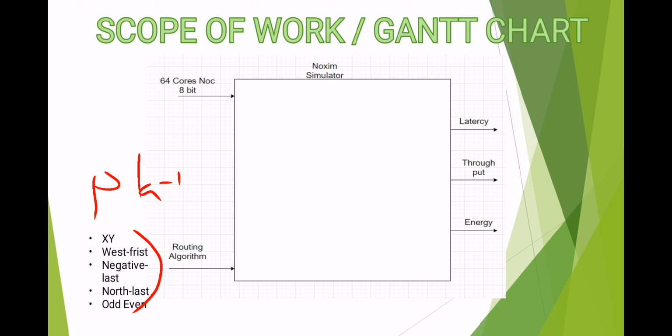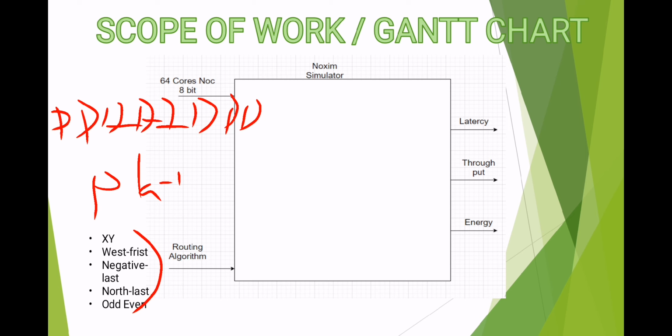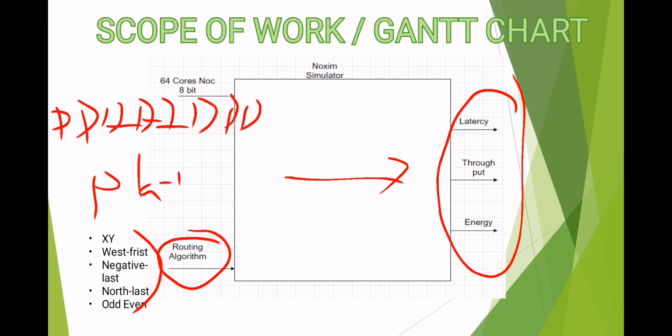It's a 64-core NoC with 8 bits. 8 bits means 8 digits to input, the ASCII number, and then the routing algorithms are also input, applied to the processor, to get output: energy, latency, throughput, energy. They will be planned for the platform about these five things.